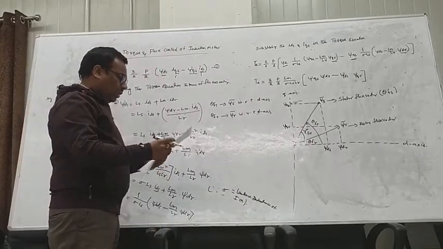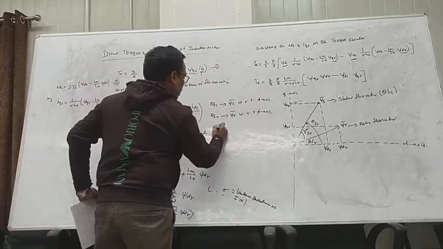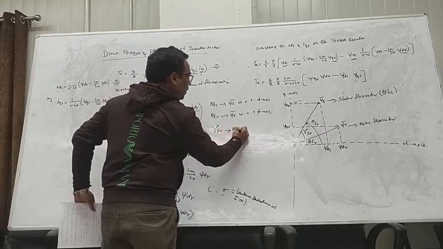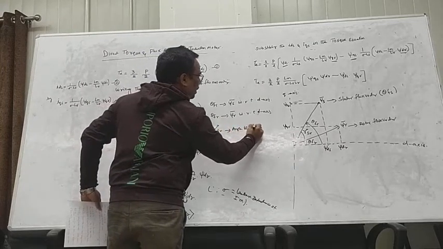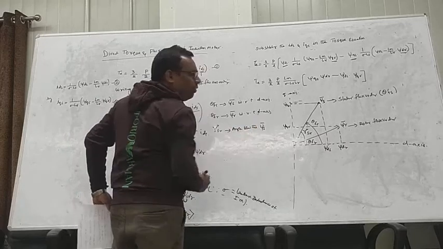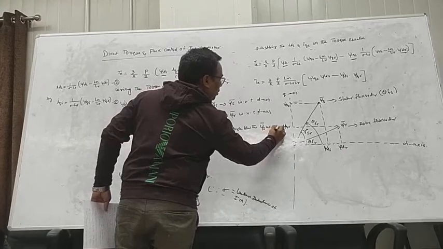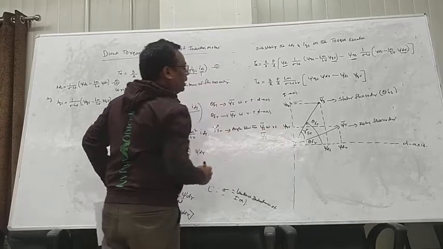So here gamma SR is the angle between the stator flux vector with respect to the rotor flux vector.